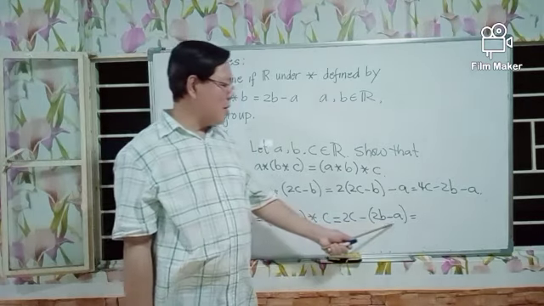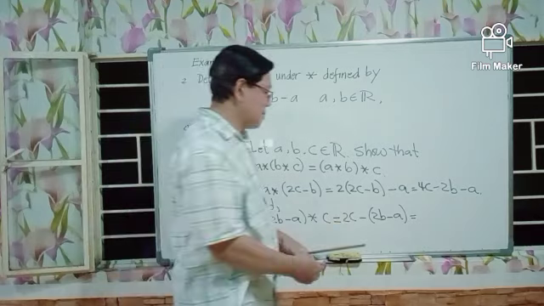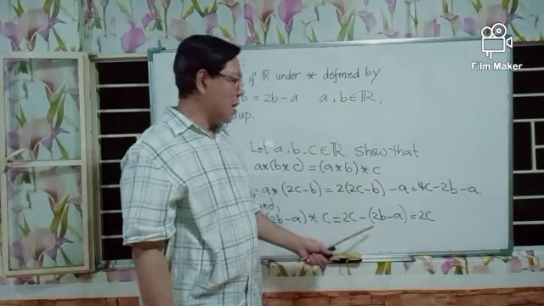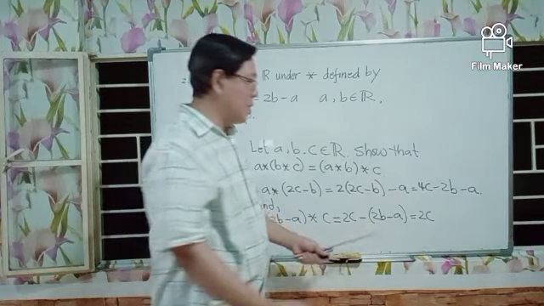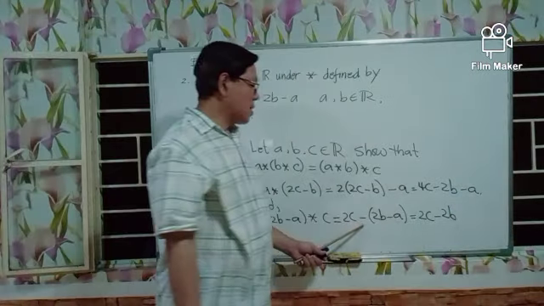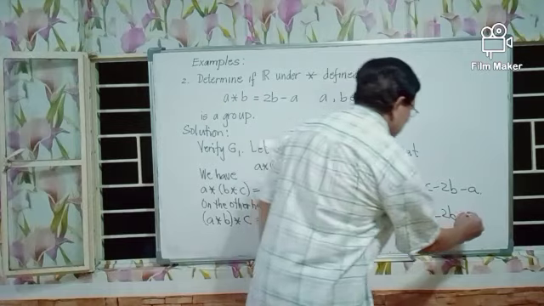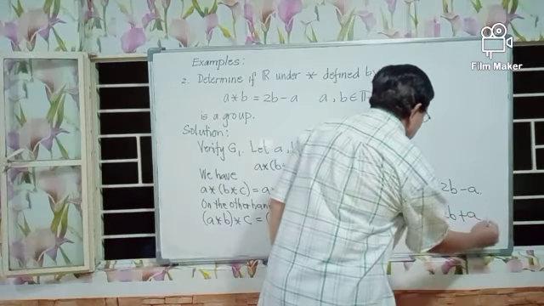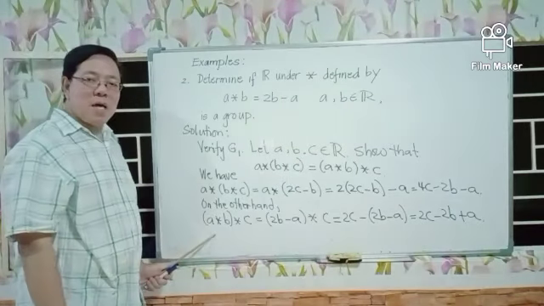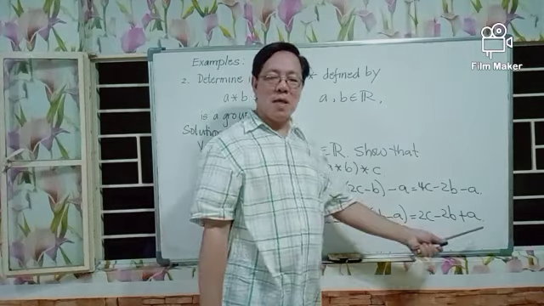And this simplifies to, the first term is the same, 2c. Negative times 2b is minus 2b. Negative times minus a is plus a. Therefore, the value of (a star b) star c is 2c minus 2b plus a.